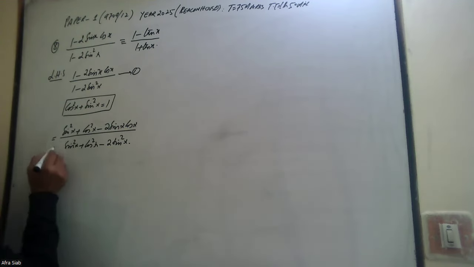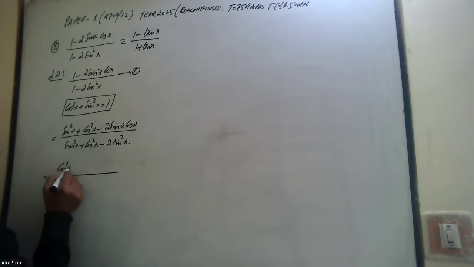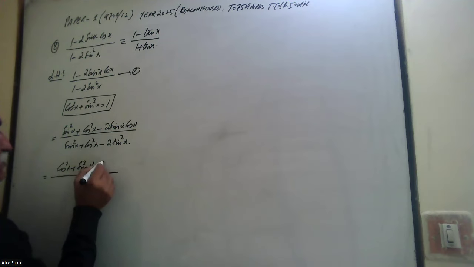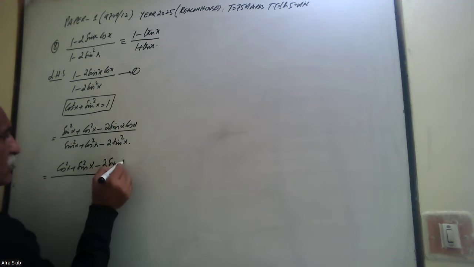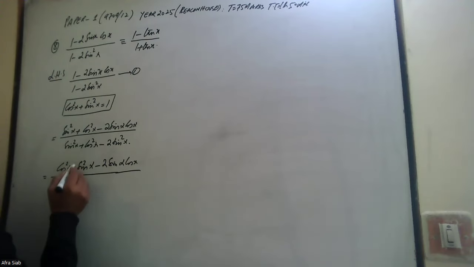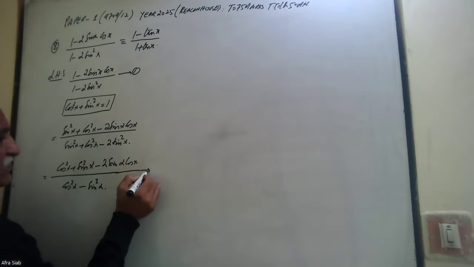So this is going to be equivalent to cos square of x plus sine square of x minus 2 sine of x cos of x over cos square of x minus sine square of x.